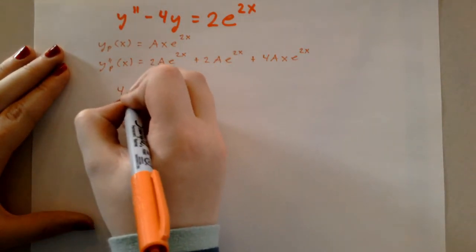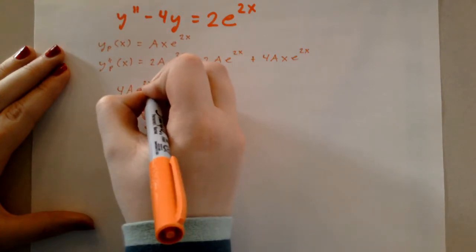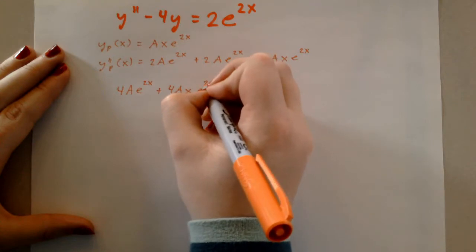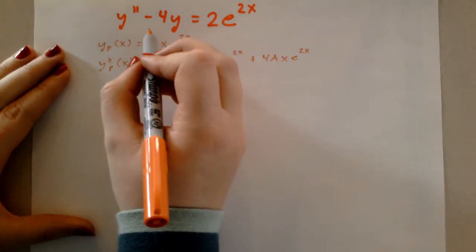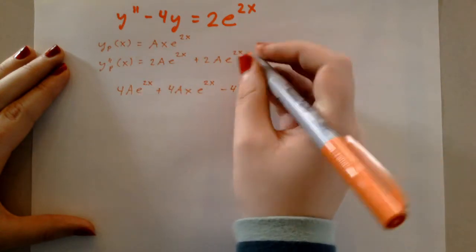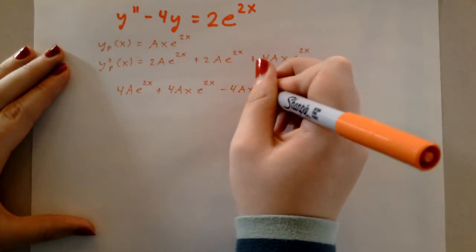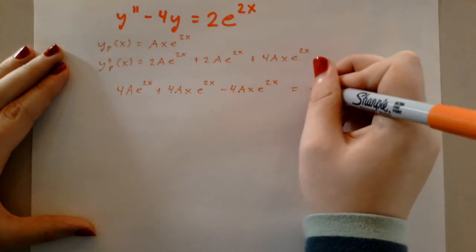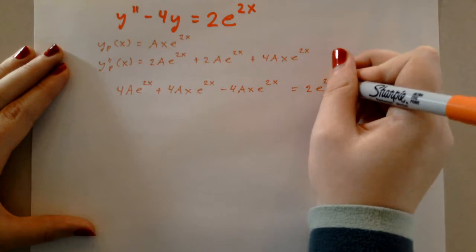So we have 4a e to the 2x plus 4ax e to the 2x. And then we can subtract 4 times this term, which is minus 4ax e to the 2x. And we should be able to get this to be equal to 2e to the 2x.